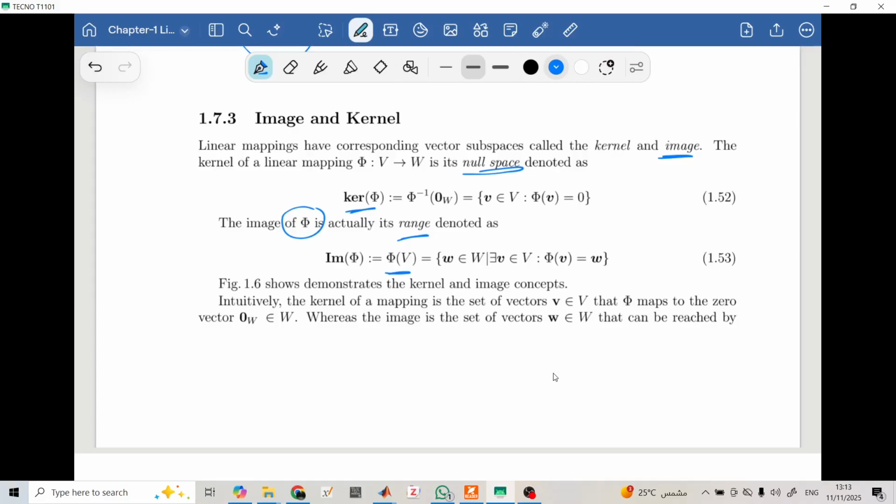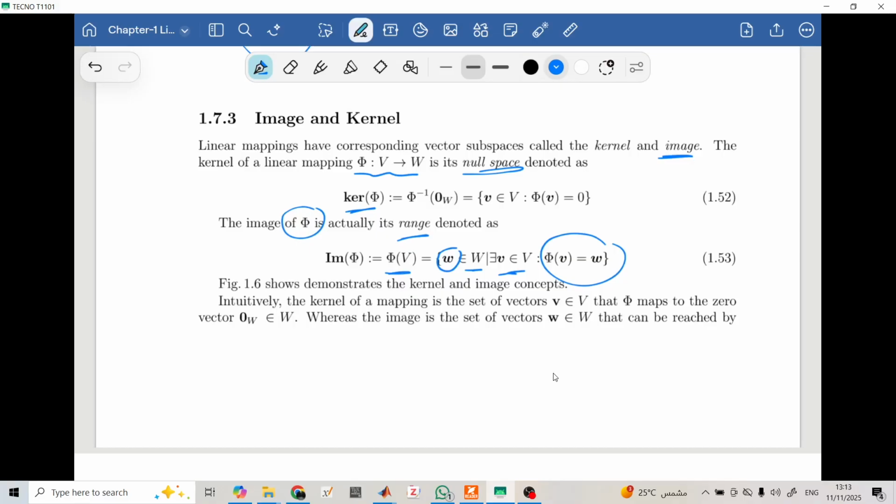So if I have this mapping phi that takes you from V to W, the image of phi is all the vectors in W such that there exists a vector v with this mapping.